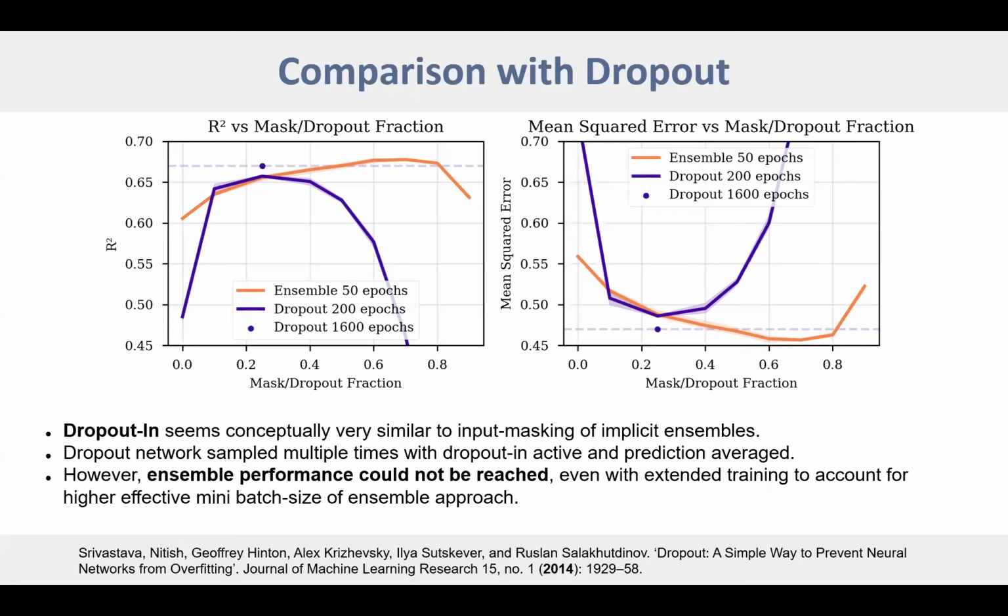But even though I expanded the training time to 1600 epochs compared to 50 to maybe compensate for the larger effective mini-batch size, we could not reach the same performance as we had with the random ensemble approach. Another thing I liked about this graph is that we seem to have a broader area of the hyperparameter for the mask fraction, which, all other things equal, would maybe make it easier to build a robust model and do hyperparameter tuning.